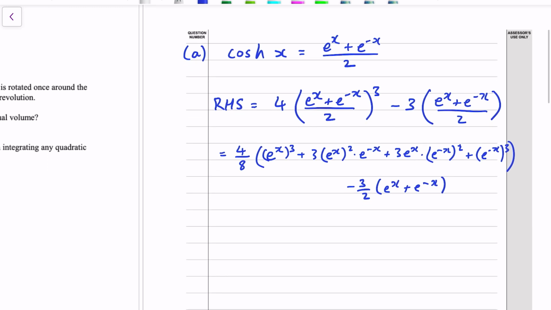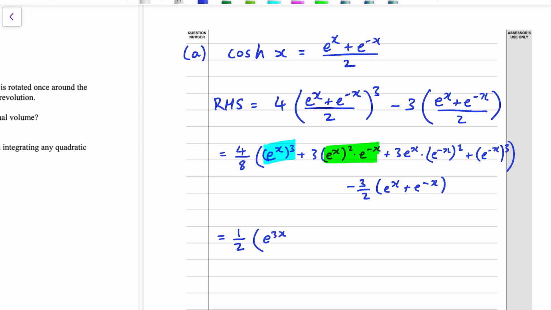Okay, now I showed the long form for the binomial expansion, but you might have realised that this part here, e to the x all cubed, is just e to the 3x. So you might have shortcut that step. 4 over 8 is a half. So we've got e to the 3x. The next term in, this one here, we've got e to the 2x times e to the minus x, and we add the powers, we get e to the x.